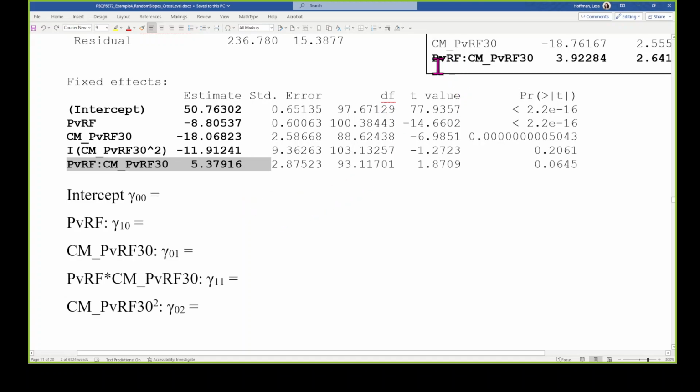And relative to the previous model, the smushed cross-level interaction was 3.9. Once we unsmush it, it goes to 5. The reason that it was smaller before is because this one was bringing it down. That one was stuck in there, and that's why it's pulling it down to 3 when it really wants to be 5.